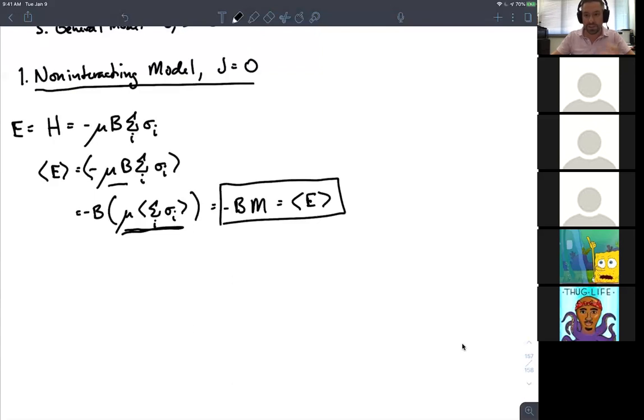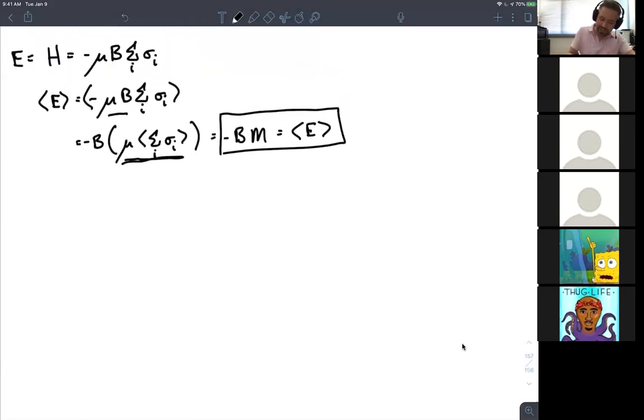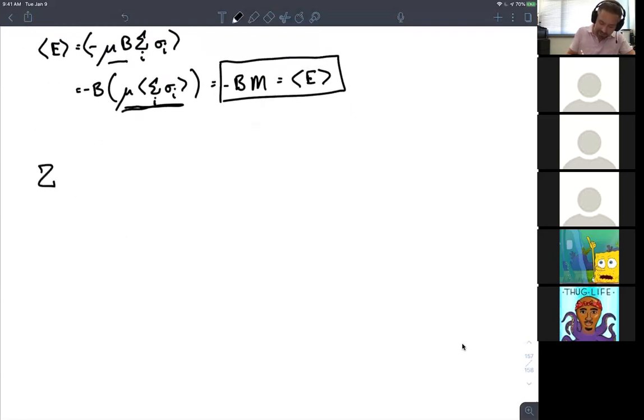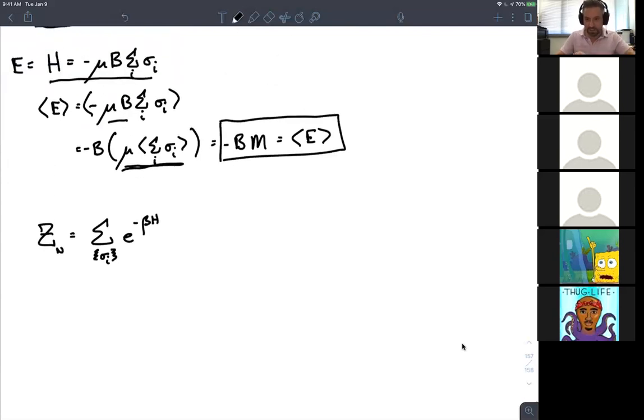Okay, so now let's do it. So now the first job in calculating any kind of expectation value in statistical mechanics is, let's get our partition function. All right, so if this is our Hamiltonian, then our partition function is just this. Okay, so it's a partition function for n spins, and it's just the sum over all possible spin configurations of e to the minus beta H. Okay, and H is this thing I just wrote up here.